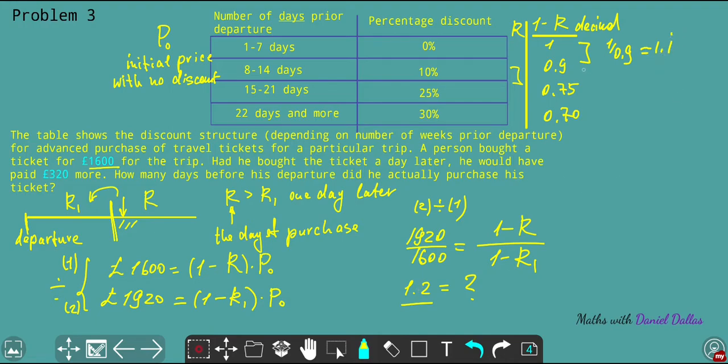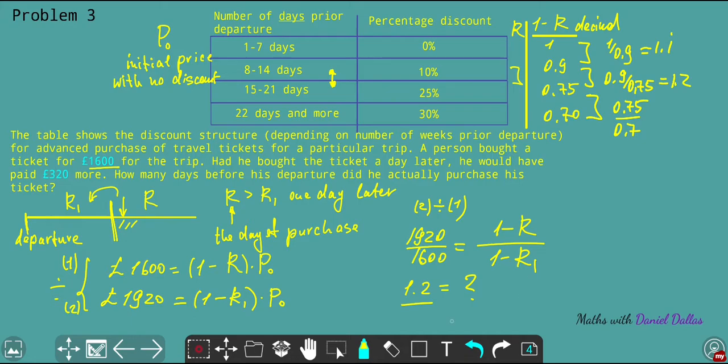So let's take another pair and divide 0.9 by 0.75. We'll get exactly 1.2. And just for comparison, let's take 0.75 to 0.70. That definitely says that right now we are in between two zones, and what we're looking for, because we got 1.2, the same ratio.